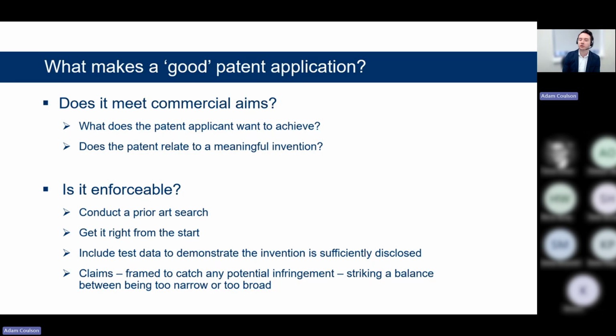A good patent should also be enforceable. This means that the patent application is directed to a technology such that the patent application will result in a granted patent, which you can then enforce against your competitors. To obtain an enforceable patent, there are some sensible steps you can take even before filing a patent application.